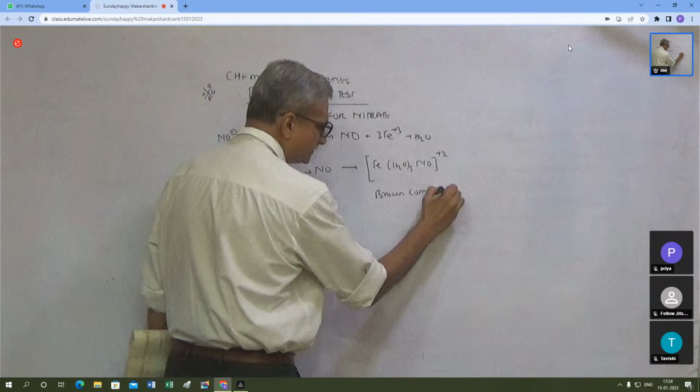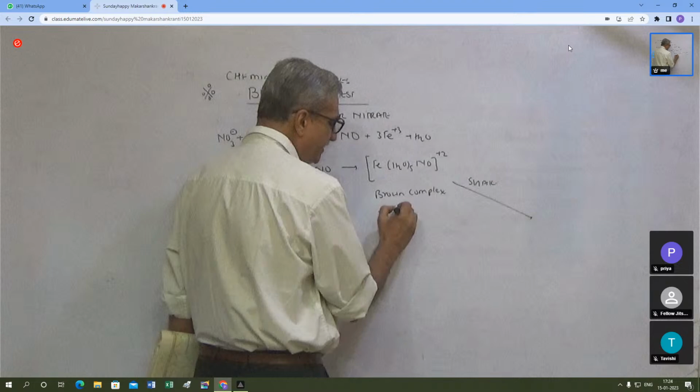Sometimes, now you have to understand, if you shake it violently, the brown color vanishes. Why does the brown color vanish? When you shake it, here you have NO, nitric oxide. What is the charge on Fe? The charge on Fe is plus 2 over here.